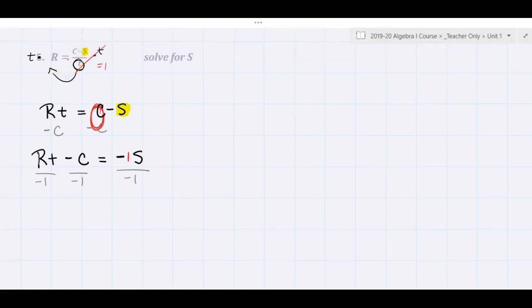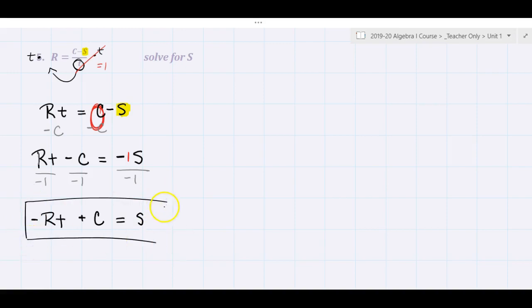RT is originally positive. Dividing by -1 will make it negative. C is originally negative. Therefore, dividing by -1 will make it positive. And the s is originally negative. Dividing by -1 will make it positive. We've now successfully solved this equation for the variable s.